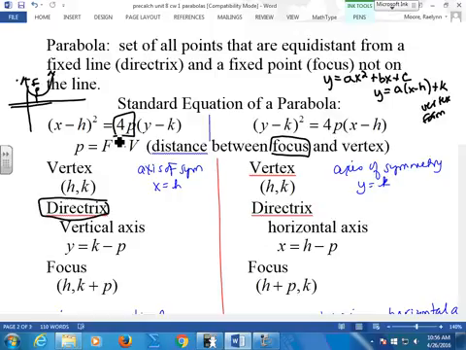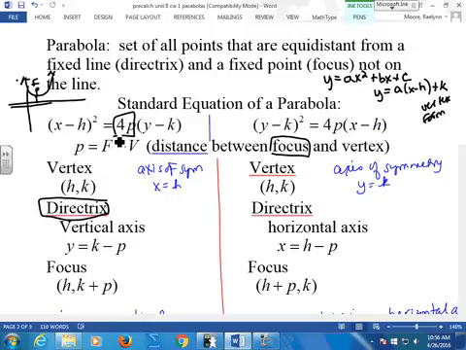I always get one or two kids that like the formulas, but notice, as we go through this, it's the same letters. You just got to worry about who has the K, who has the H. The H is always with the X, the K is always with the Y. But then you have to figure out which way you're going anyway, so we're going to use your sketches rather than the formulas. They look a little scary right now, but they're really not that scary.